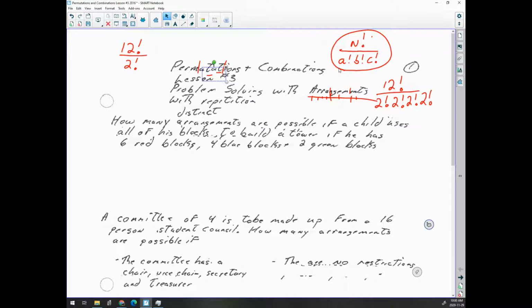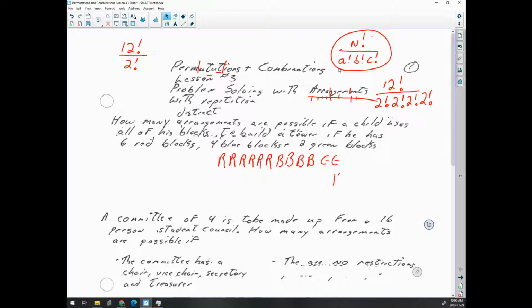Here we're talking about blocks instead of words. We have 6 red blocks, 4 blue blocks, and 2 green blocks. One way to think about that is to create arrangements of letters. What we have here is, again, 12 objects.